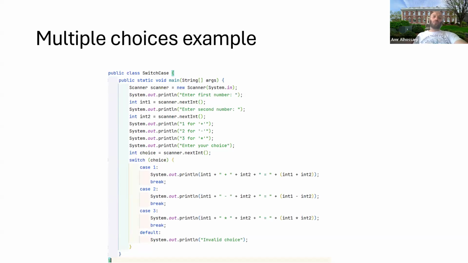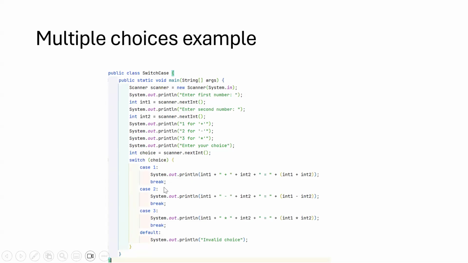But before we say why we have switch, let me give you another piece of information. The keyword break here is essential. It's not just important. It's essential. It's vital. And the difference between vital and important is big.